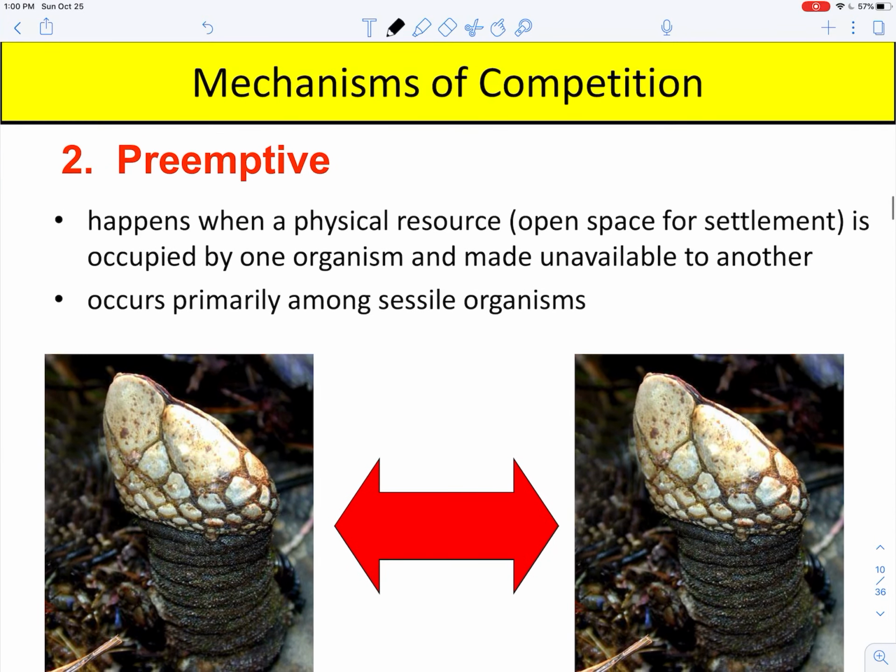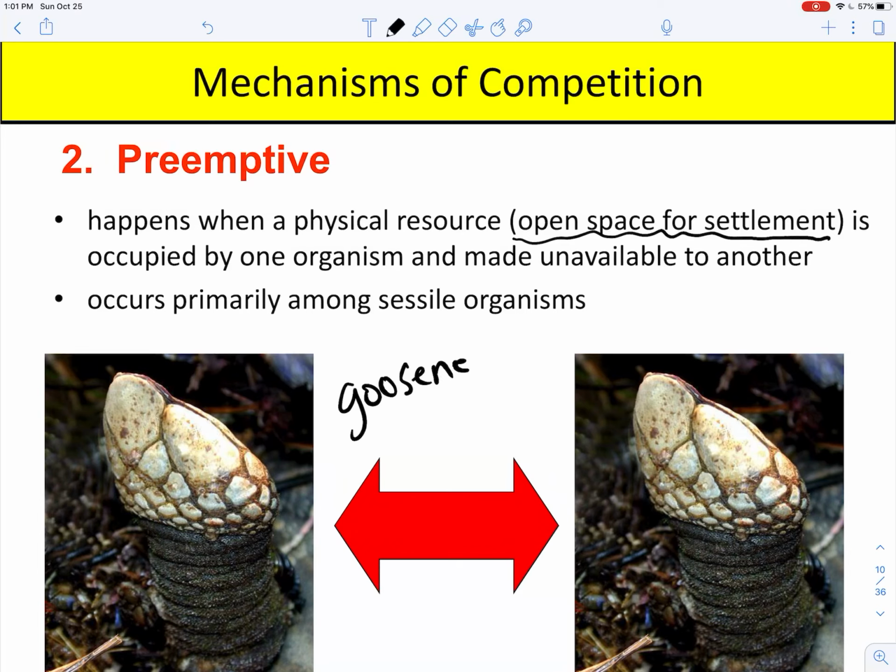Our next mechanism of competition is what we call preemptive competition. And this happens when a physical resource, generally open space for settlement, is occupied by one organism and made unavailable to another. So this occurs primarily among sessile organisms. So here the example that I'm showing you in these pictures.